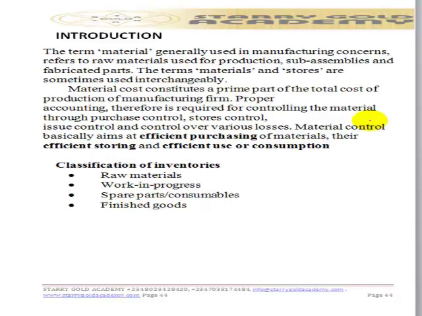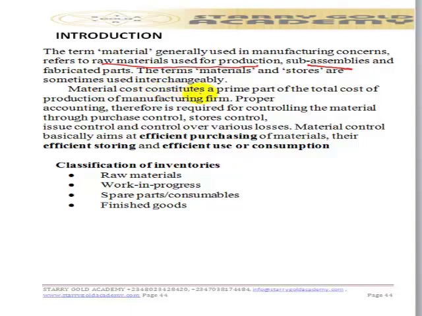The term material is generally used in manufacturing concerns, and this refers to raw materials that are used for production, sub-assemblies, and fabricated parts. The terms materials and stores are sometimes used interchangeably.